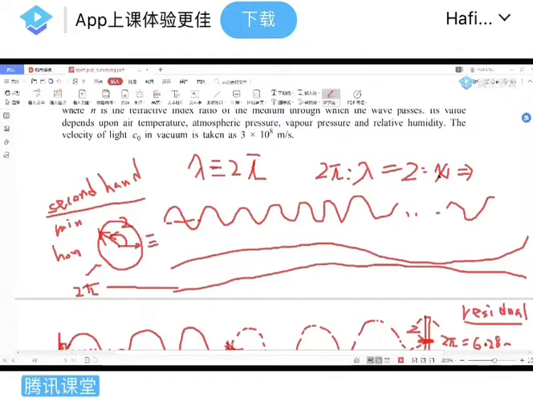Otherwise, the timer must be precise because the light goes very fast and bounces back very fast, maybe within 1 second, even less than 1 second. Maybe 0.0000 something. So if you have a timer in this machine, it must be very, very precise. There are two approaches.